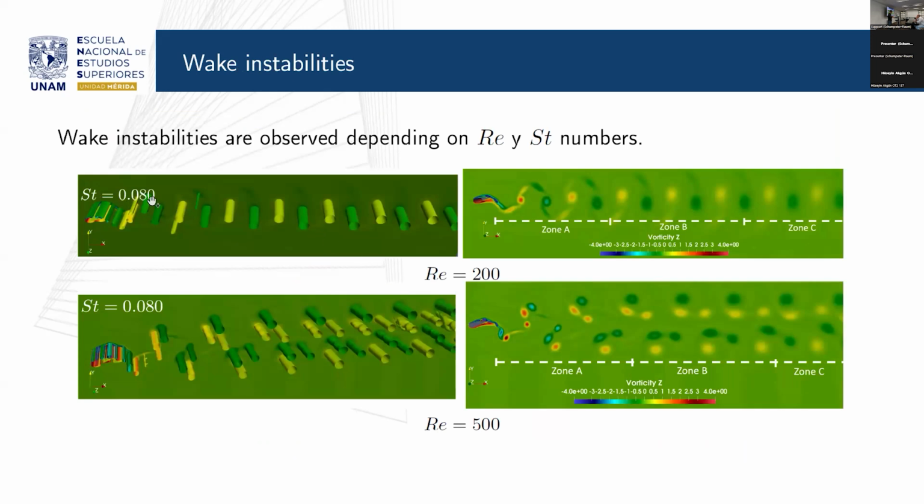For example, in this case, with the same Strouhal number, but different Reynolds number, we started seeing these undulations in the wave patterns. And this was associated to flow instability. So we divided this in zones and took some averages between the vertical structures here.